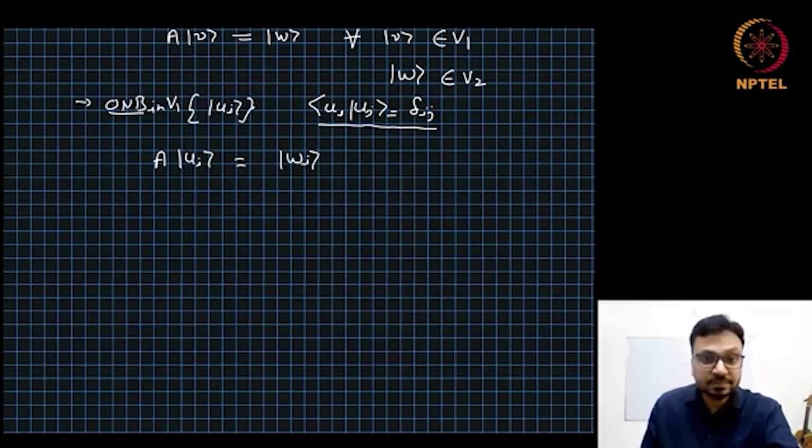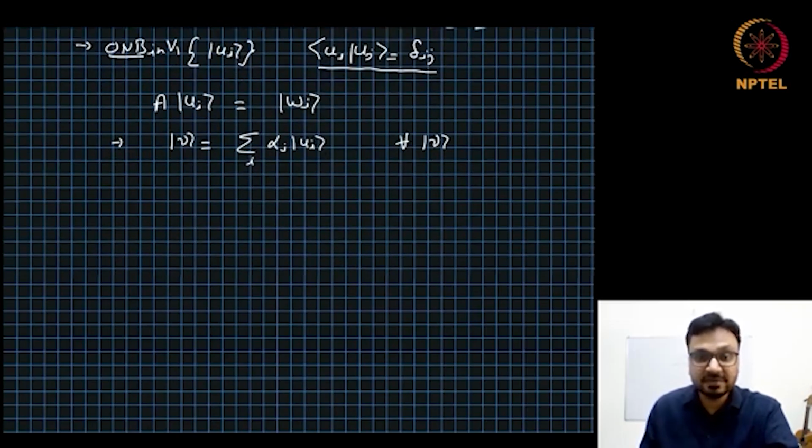In other words, any vector V can be written as the sum over i of alpha i ui, and we of course find different alpha coefficients. Alpha i is given as the inner product of ui with V.